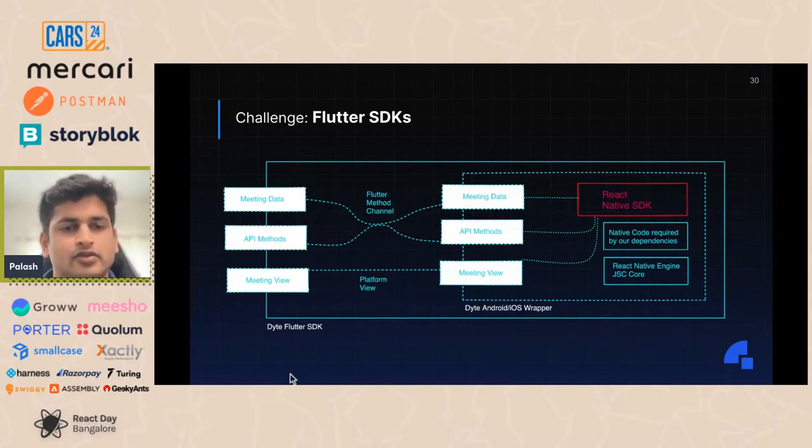Platform views allow you to integrate native views in your own application, and method channels let you communicate with native code. It's the same thing as native modules in the React Native world, which let you communicate with the native code. Similarly, in Flutter's world, method channels let you communicate with it.